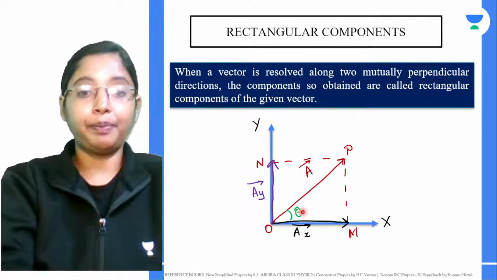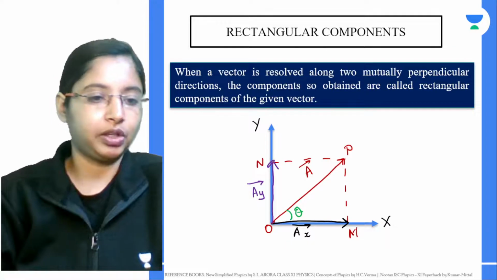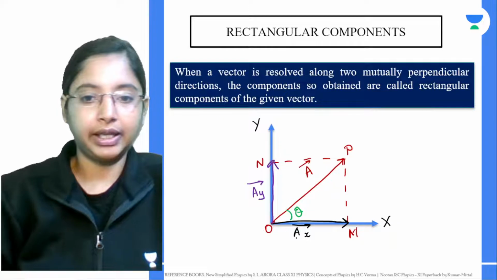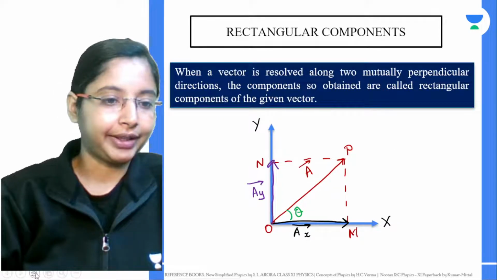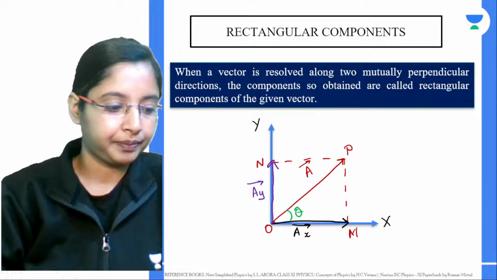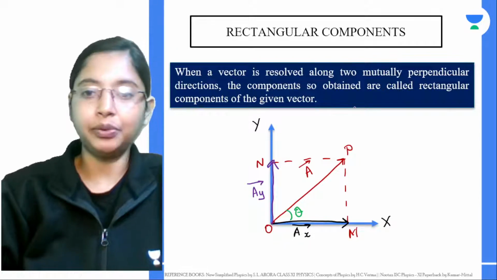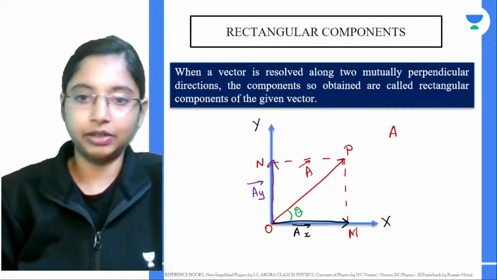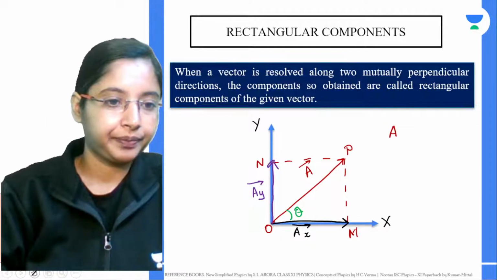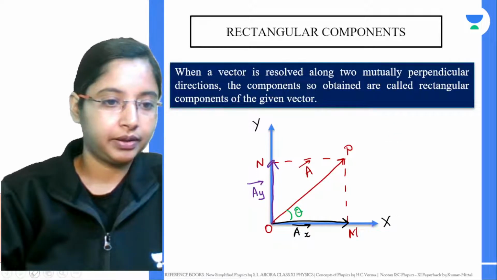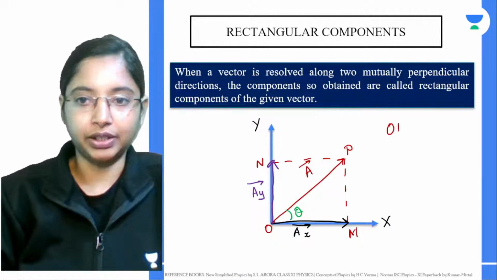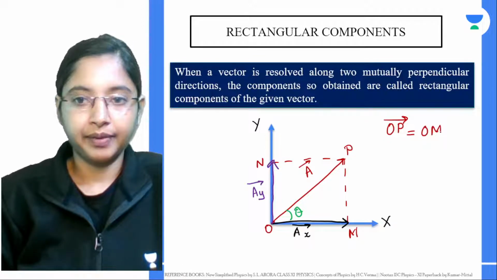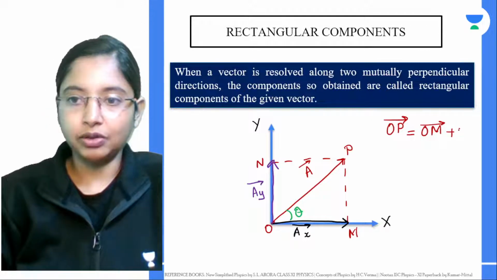Now, according to the parallelogram law of vector addition, this OP vector will be equal to this OM vector plus the ON vector.